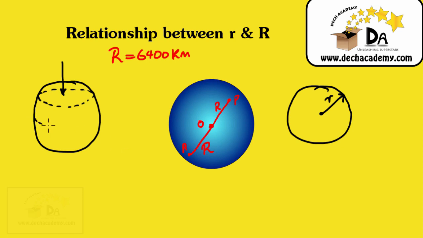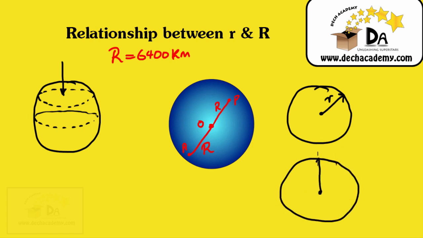If I have the equator here, again the top view is a circle. This is my rough sketch of a circle, but the radius is big R, and that's equal to the radius of the Earth, which is approximately 6,400 kilometers. So I'm going to find a way of getting a relationship between this small r, the radius of a small circle, and big R, the radius of the Earth.